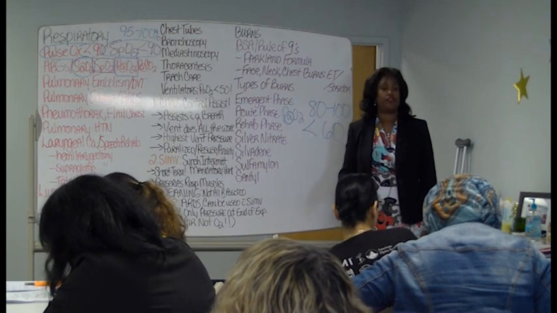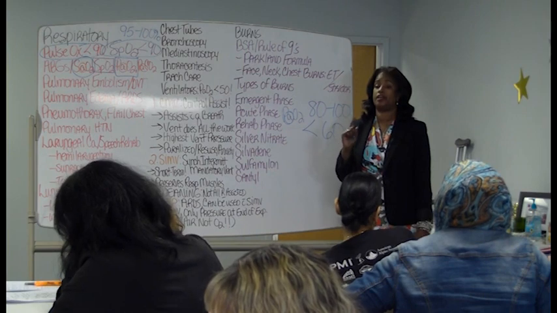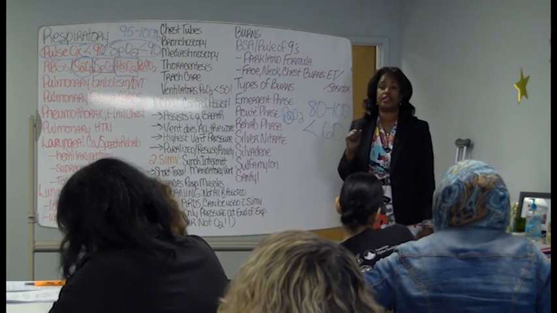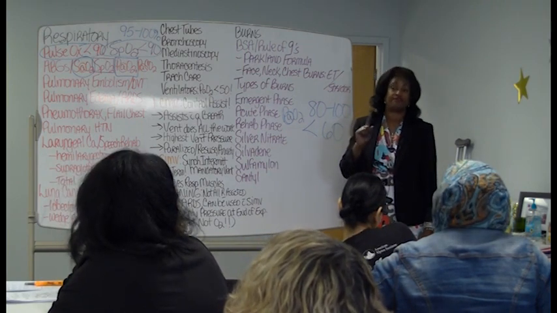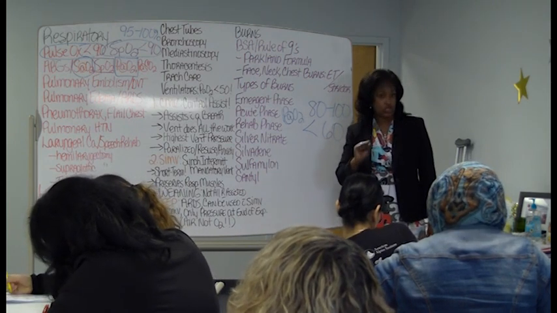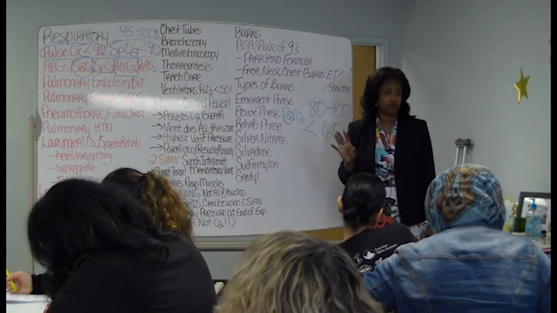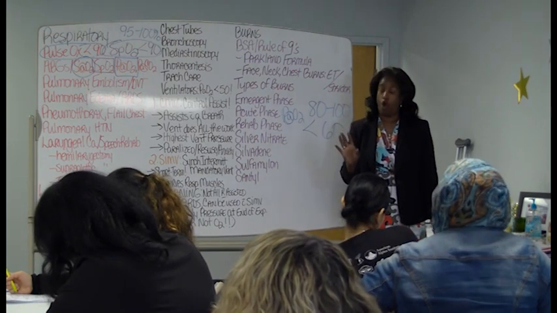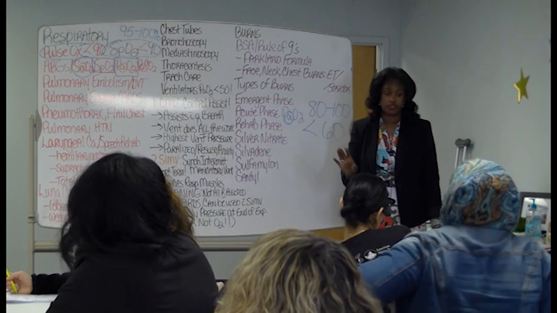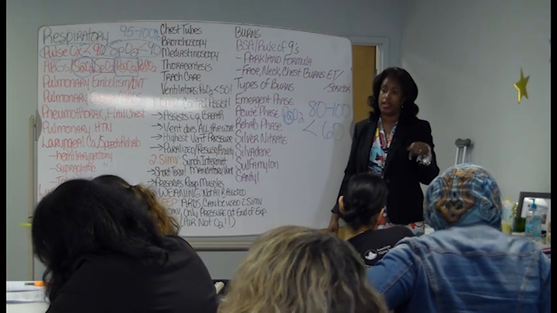Now, the first sign of hypoxia and the first sign that you should go crazy in your patient's room, making sure you do all kinds of emergency features, is when your patient has a behavioral change.